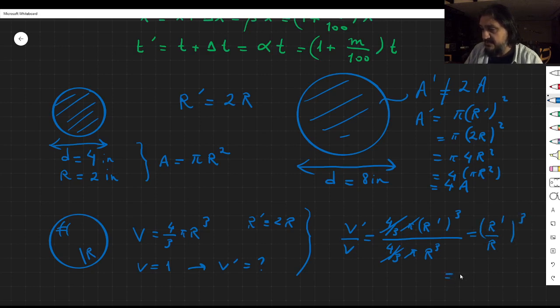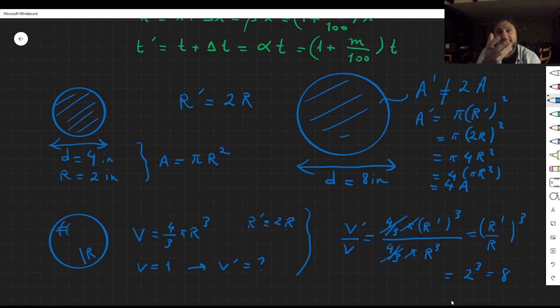And r prime over r is 2. 2 to the power 3 is 8. Alright, so you have an increase in the volume of the sphere. It's 8 times bigger. It contains 8 times larger volume if you just double the radius.